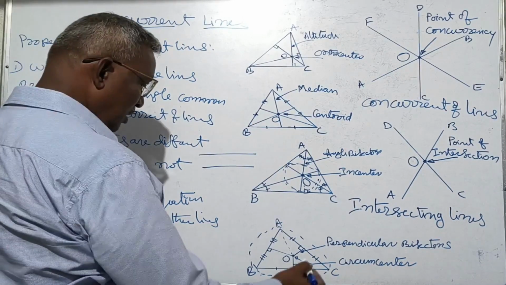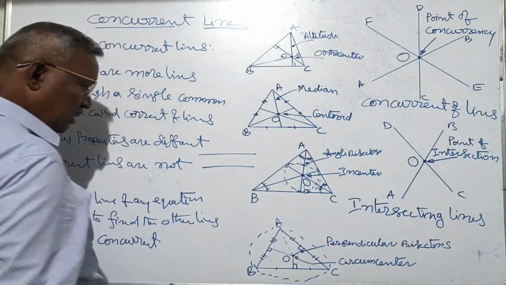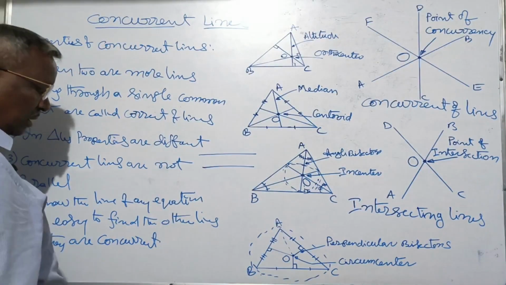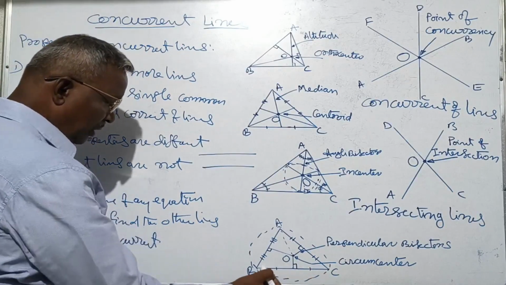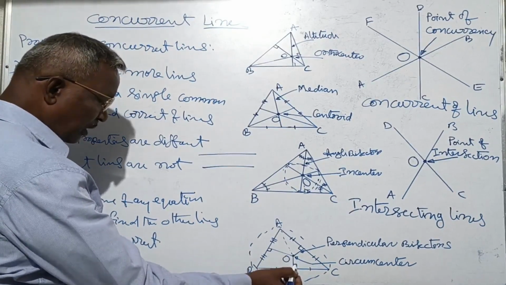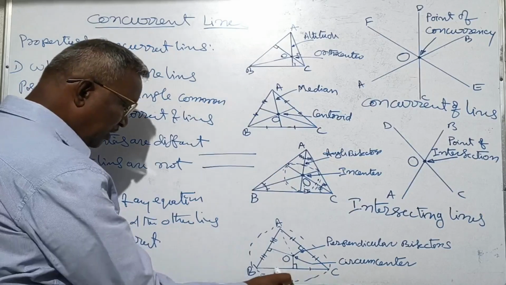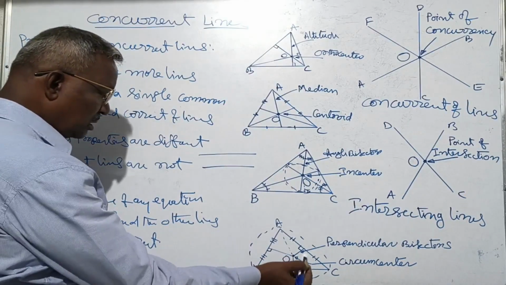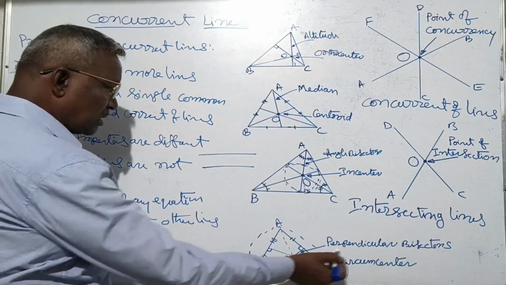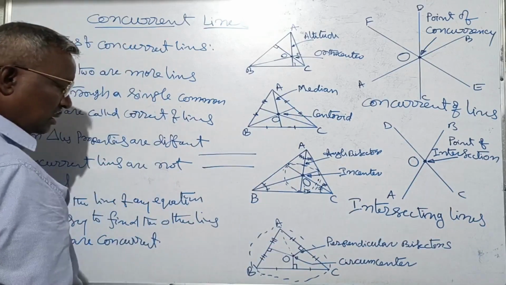Next, perpendicular bisectors. Perpendicular bisectors mean that on the three sides, it is bisecting, number one. Next, it is perpendicular. For this side it is bisecting and this is perpendicular. So these are the perpendicular bisectors of the sides.